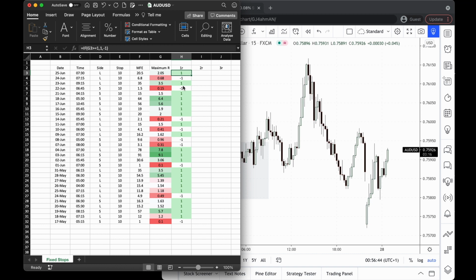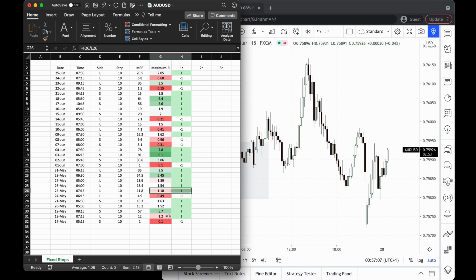Now, bearing in mind, we don't actually have spreads incorporated here. However, scanning down this column, you can see that the closest, so the most questionable trade would be 1.18.